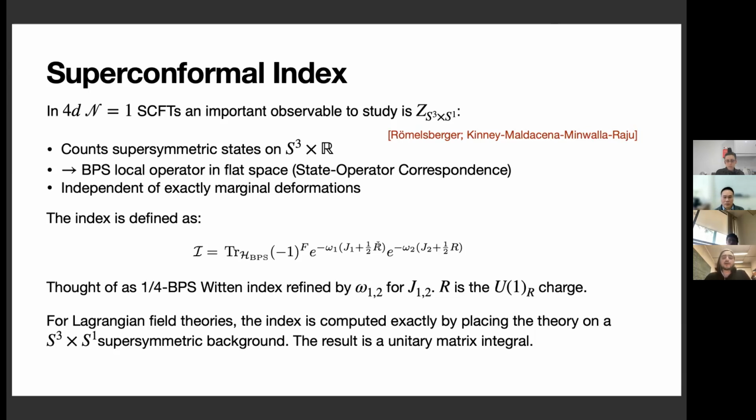And we denote by R the U(1)_R charge that is always available for N=1 SCFTs. For theories with a Lagrangian description, this index can also be computed by placing the theory in a supersymmetric S3 times S1 background, and then performing the localization computation. And in the end, the result that you get is a unitary matrix integral that can be analyzed in various regimes.